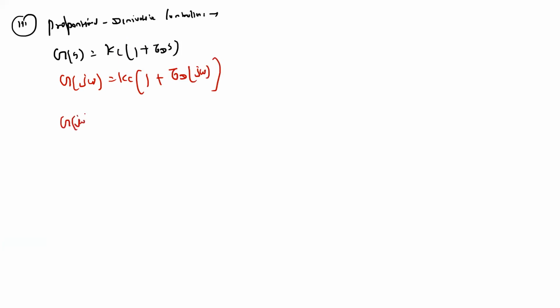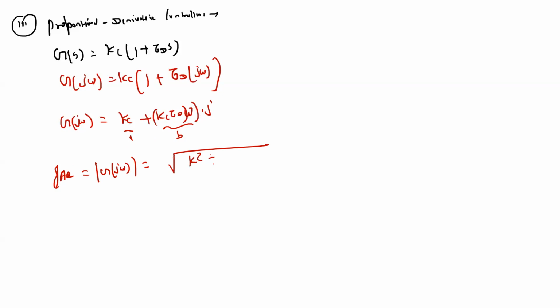Again, you have to separate real part and imaginary part: Kc plus Kc tau d omega into j. This one is your A, this one is your B. The amplitude ratio is the mod of G of j omega, that is equal to root over Kc square plus Kc tau d omega whole square. Is it clear?